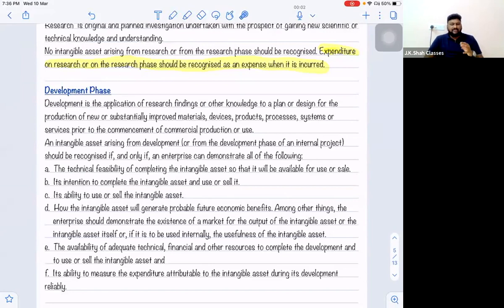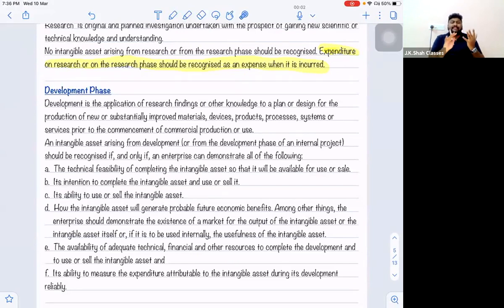So in simple terms, how you will say, sir, I have technical feasibility to complete, I have all the intentions to complete the development. Sir, after development, I am having the ability to use it in my own business or sell it. There is future economic benefit associated with this intangible asset that we are going to get. Correct?